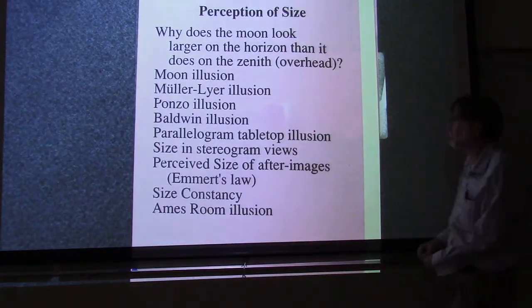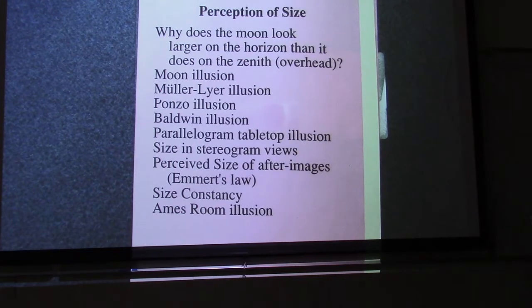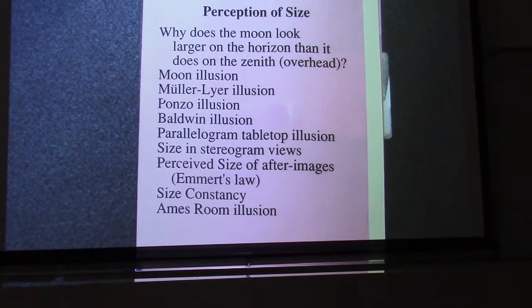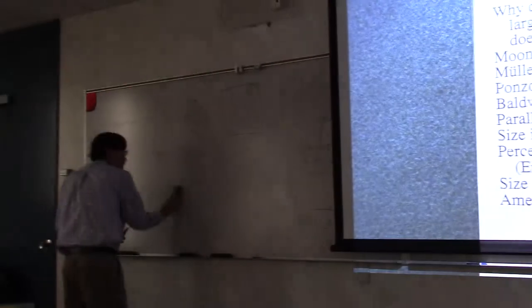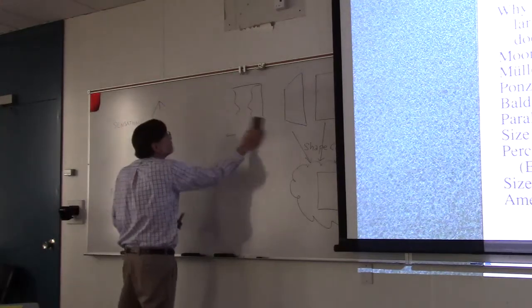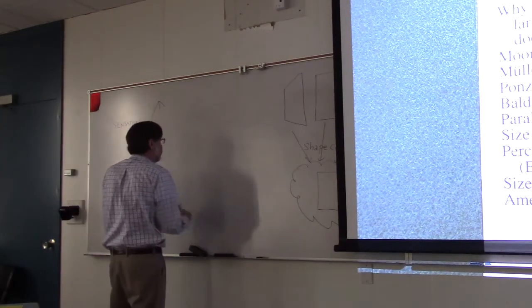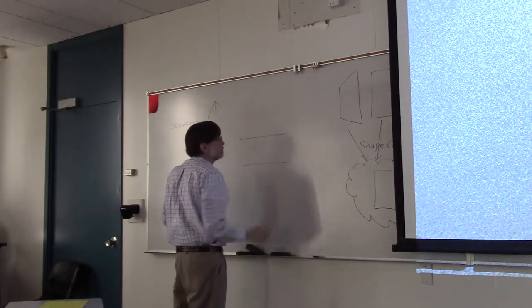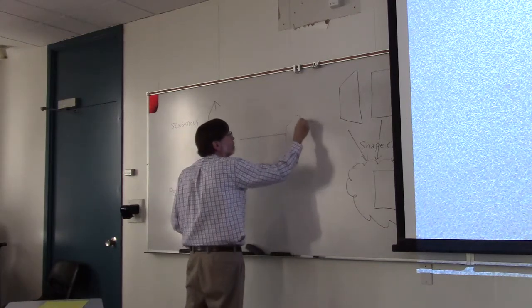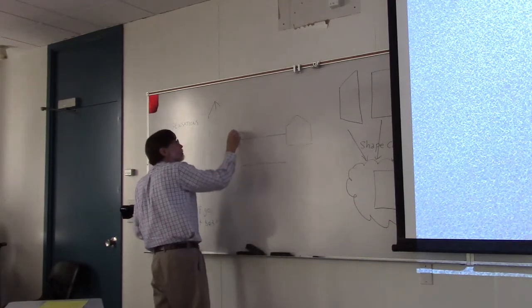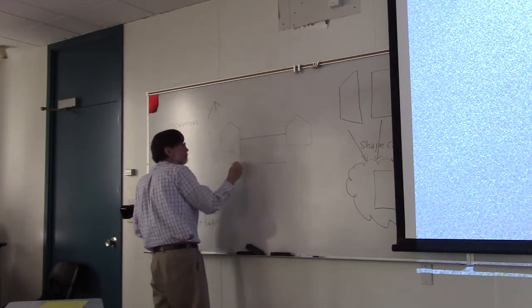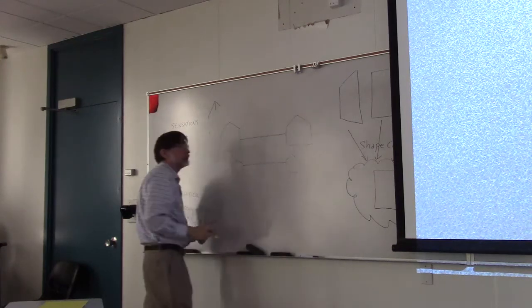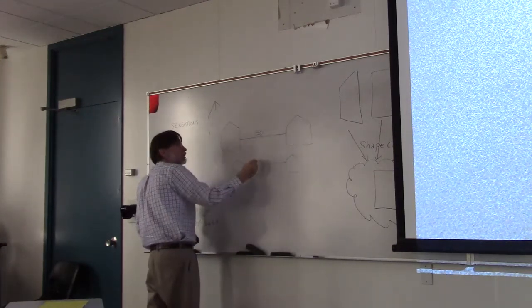There's the Baldwin illusion. In the Baldwin illusion, we have two equal lines, so I'll come on over here. We have two equal lines. I made it less effective than it should be, but line 2 should look larger than line 1.